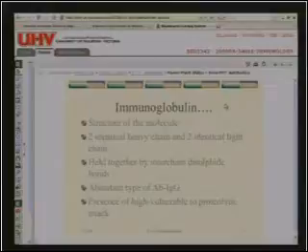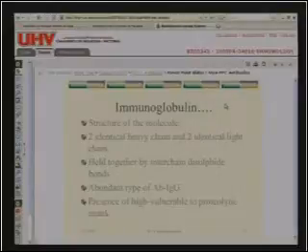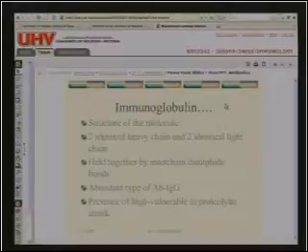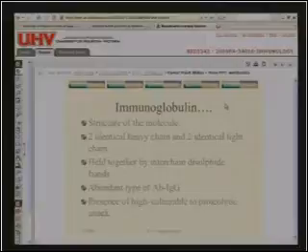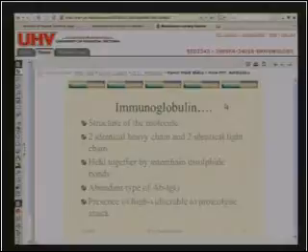Otherwise, protein is not to be present. If it is there, then there is something wrong in the urinary pathway, such as damage to the kidney or urethra, a urinary tract infection, or a prostate problem. That's how they lose protein from the blood, and thereby they will check the globulin level as well.